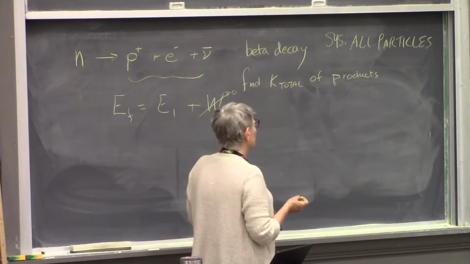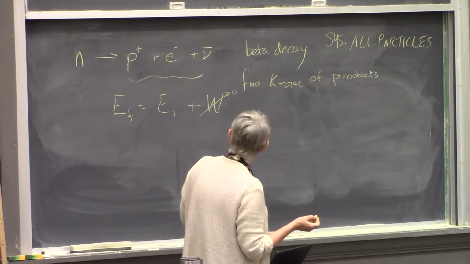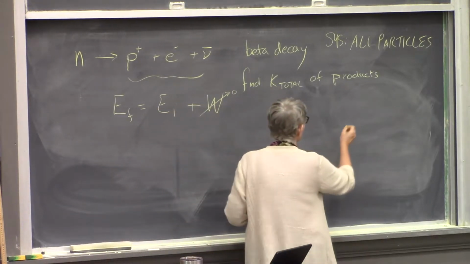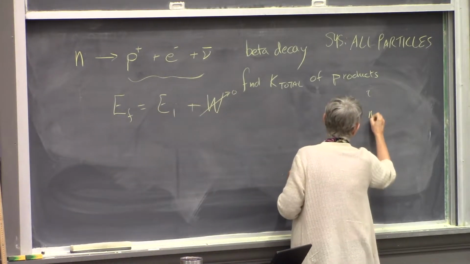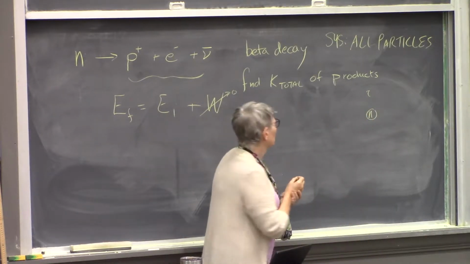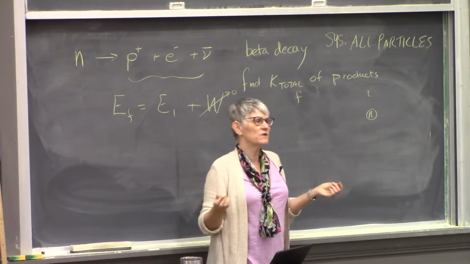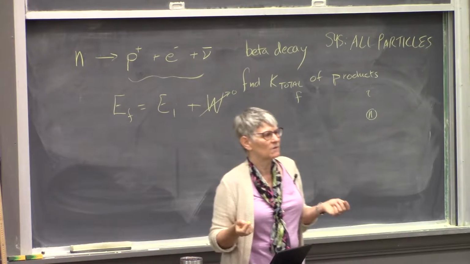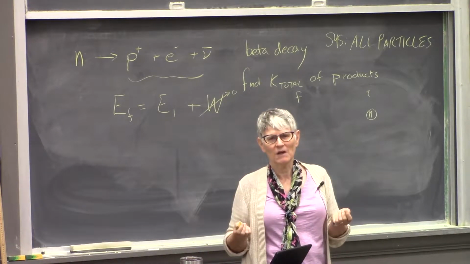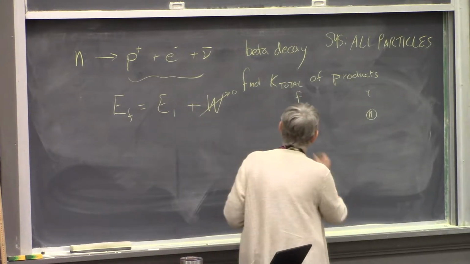And now we have to choose initial and final states. So our initial state is just the neutron. And our final, and it often helps to draw a simple diagram, and one of the reasons is it helps your bookkeeping when you're writing out the energy equation to make sure that you haven't missed any objects or interactions that should be in your equation.